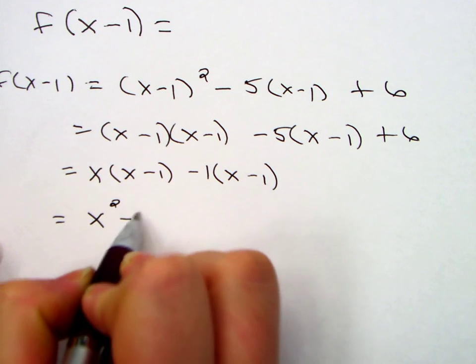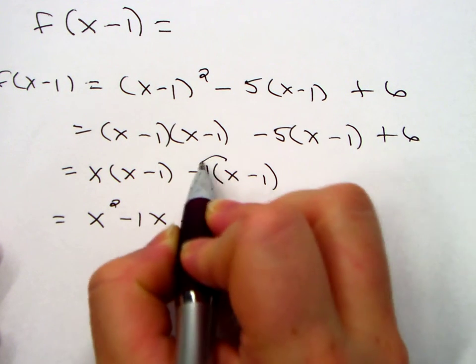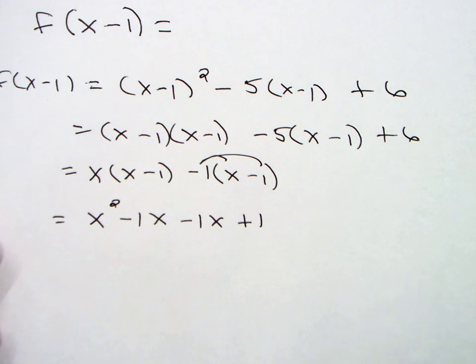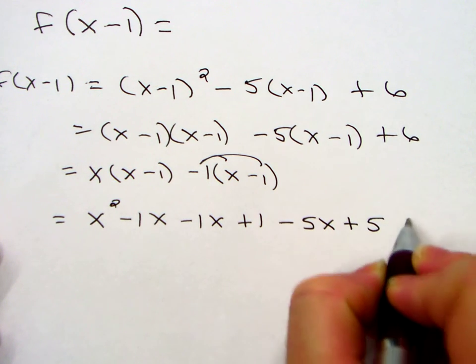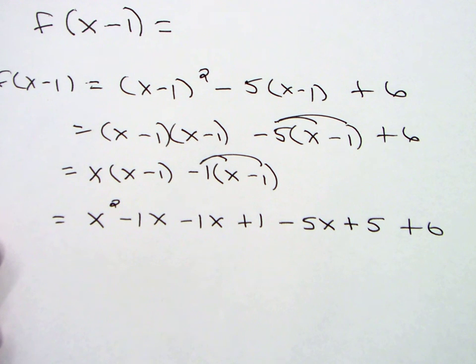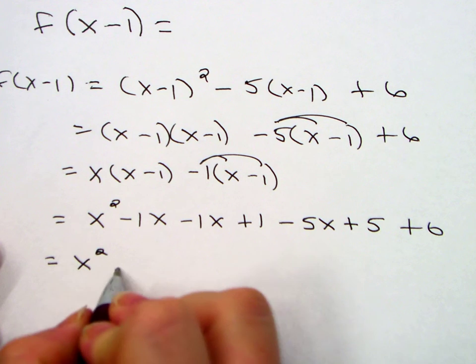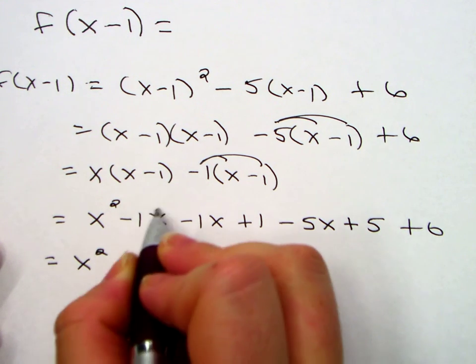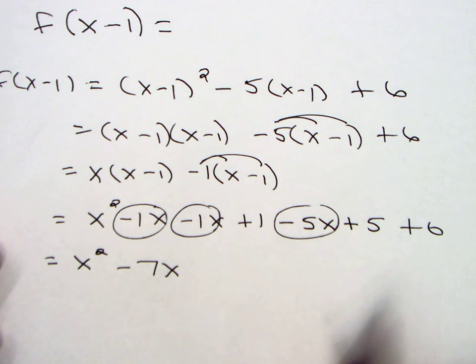X squared minus 1x minus 1x plus 1. Remember, a negative times a negative is a positive. Negative 5x plus 5 plus 6. When you distribute, negative 5 times negative 1 is 5. So you get negative 7x. That's negative 7x. And then 1 plus 5 plus 6 is 12.